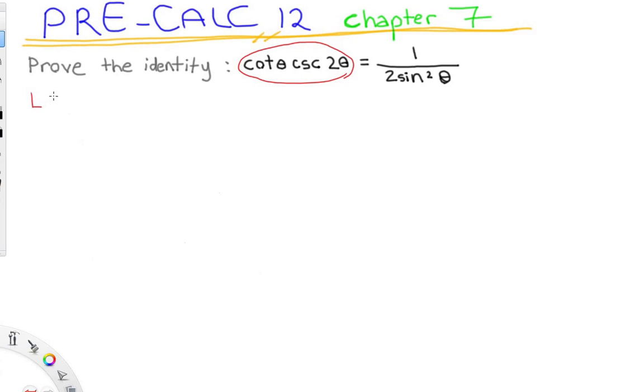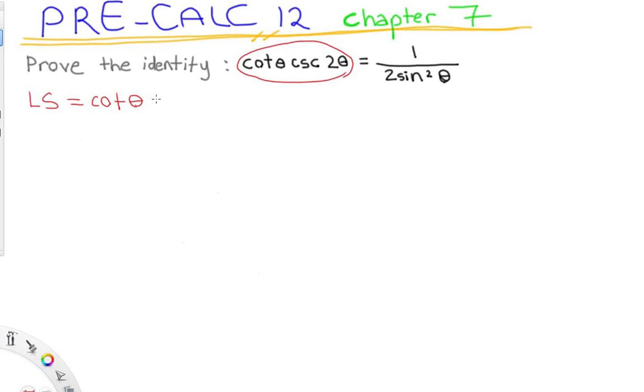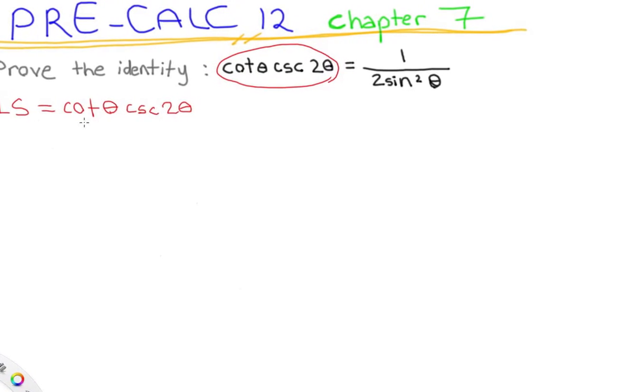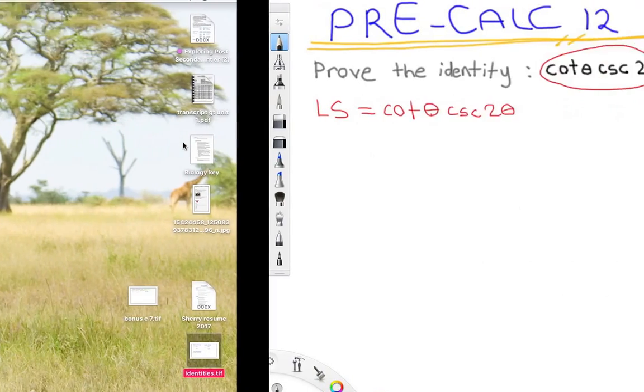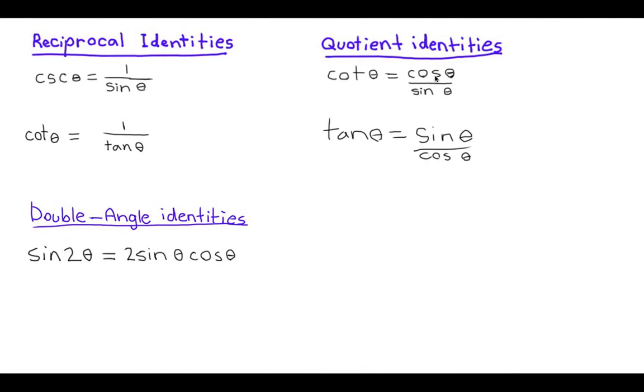So we're going to write left side is equal to cot theta times cosecant 2 theta. Right off the bat, I notice that cot theta matches one of the quotient identities, cos theta over sine theta.